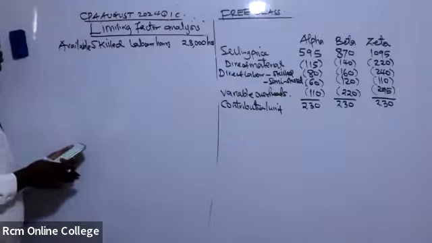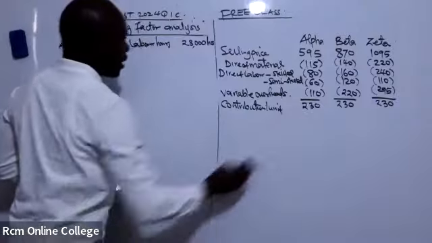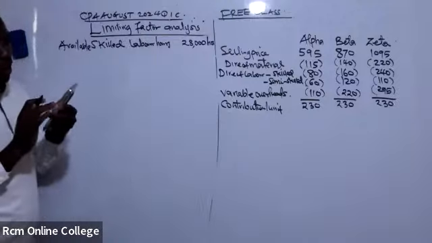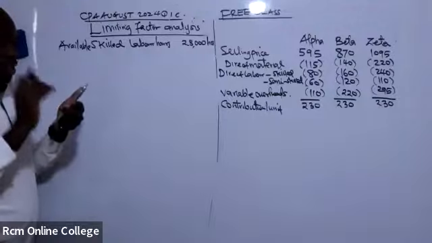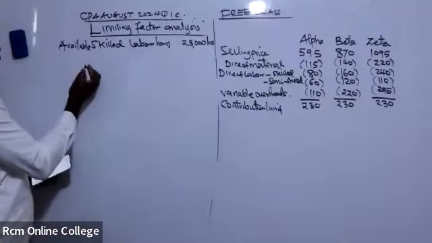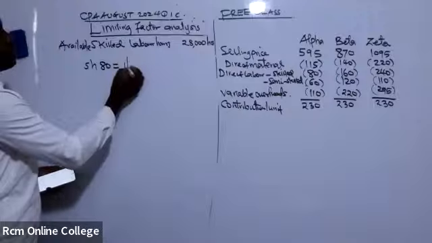Now, are we able to tell the number of skilled labor hours required for product alpha? We should be able to tell that. How do we get it? Look at our question. We have been told that the skilled labor hours is charged at the rate of 80 shillings per hour. So shillings 80 is equal to 1 hour.